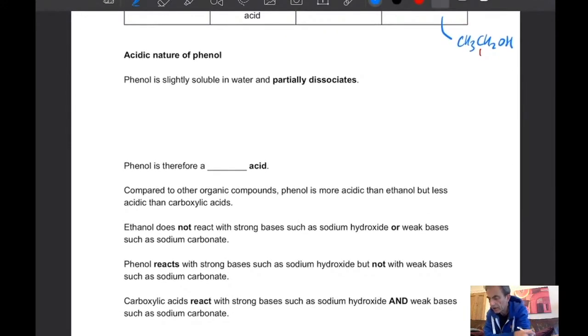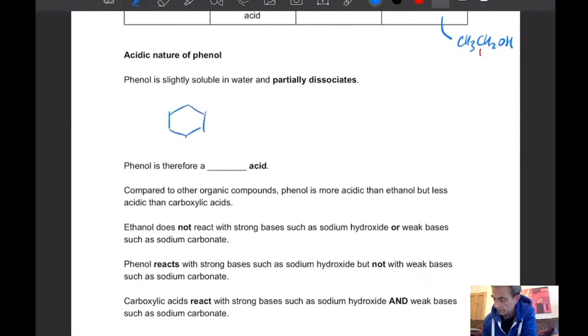Okay, acidic nature of phenol. Phenol is slightly soluble in water, and when it dissolves in water ever so slightly, it partially dissociates. Basically it splits up into its constituent ions.